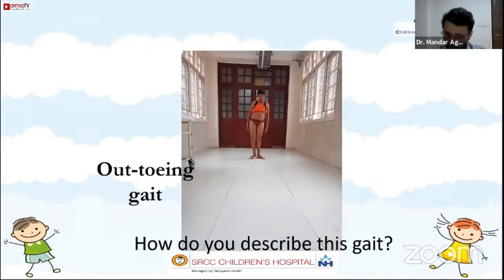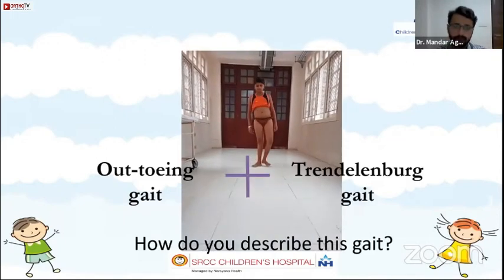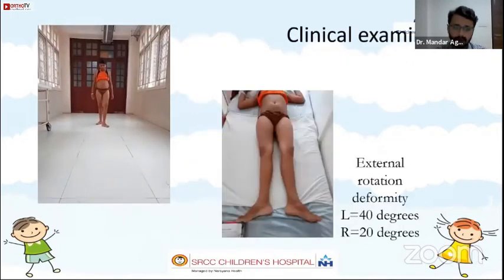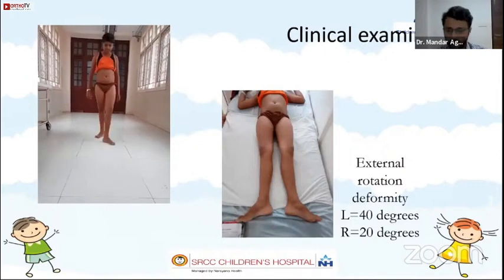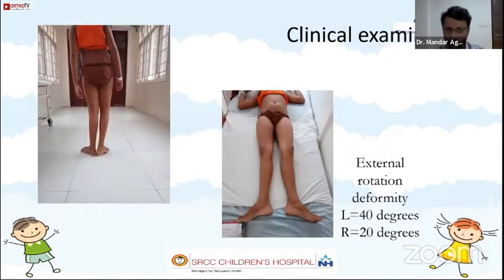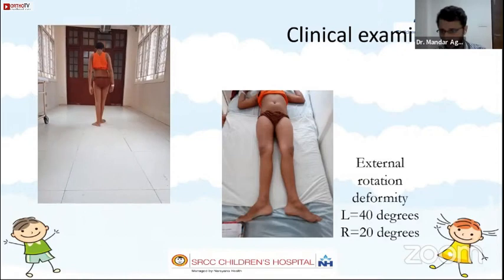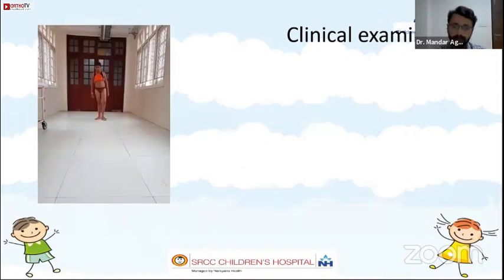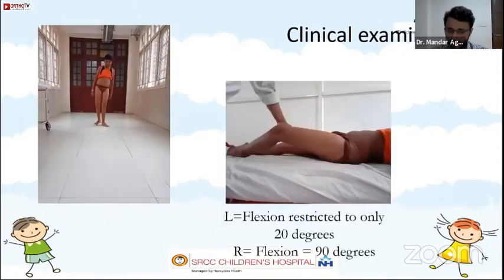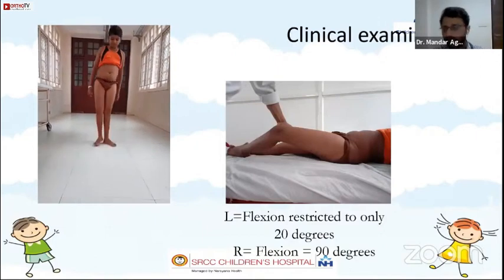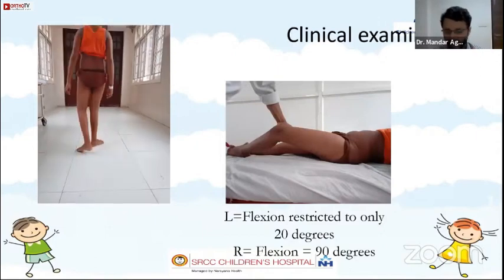So this is an out-toeing gait with a Trendelenburg gait. And you have the clinical finding of a severe external rotation deformity. On the left, it is almost 40 degrees, and on the right, it is 20 degrees. What is very important is that flexion is restricted to only about 20 degrees on this side.